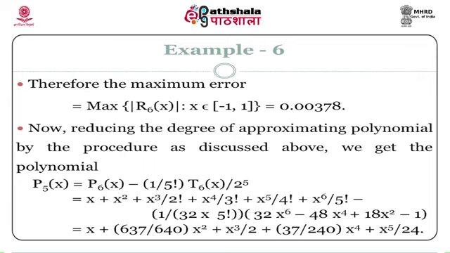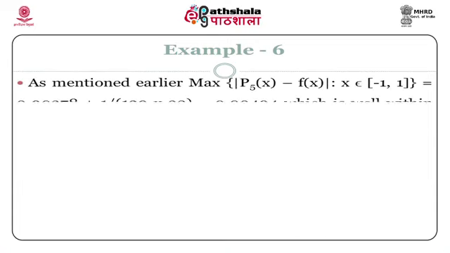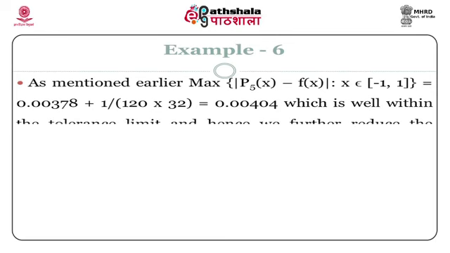That gives me the polynomial: x plus 637 by 640 x square plus x cube by 2 plus 37 by 240 into x raised to 4 plus x raised to 5 by 24.